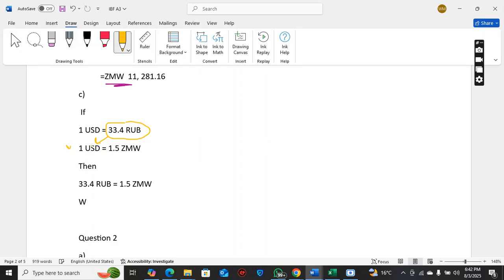So we already know $1 is 33.4 rubles, so it becomes 33.4 rubles equals 1.75 kwacha.